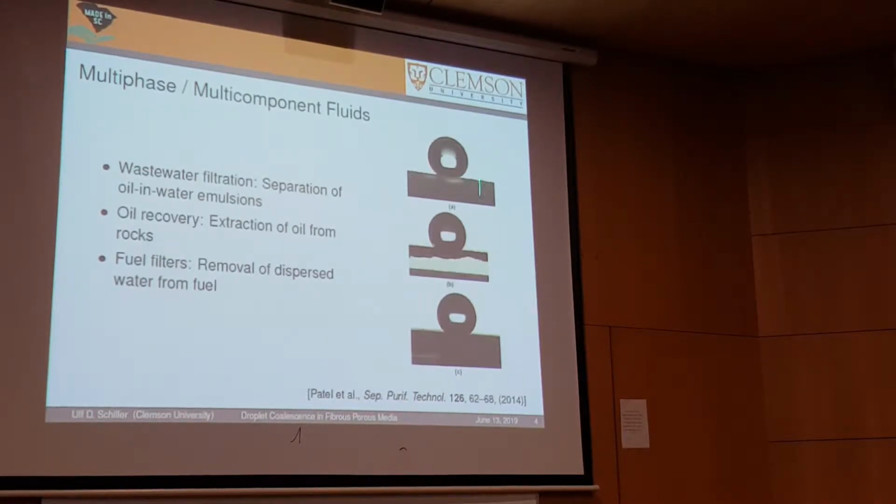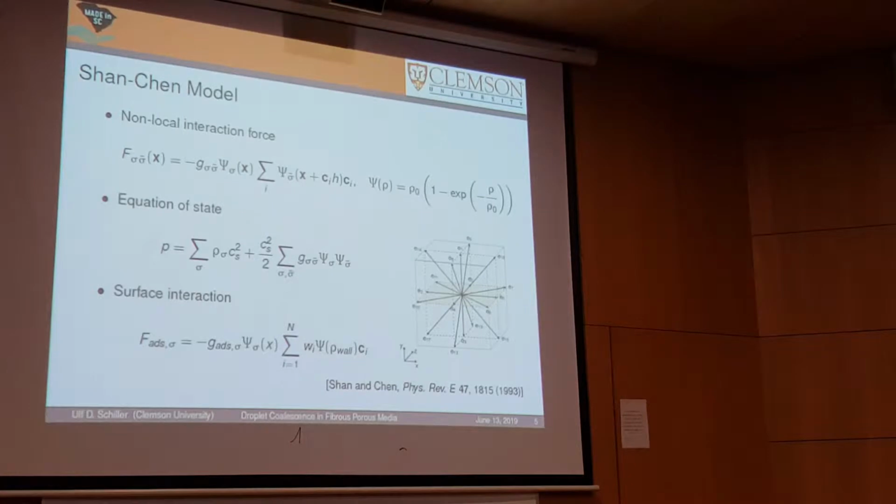Now, the problem is if you have this multiphase or multi-component fluid, you need to model it somehow. And the way we do this is using Lattice Boltzmann with the so-called Shan-Chen model. So we actually have microscopic interactions between two different fluids that live on a lattice, right? The Lattice Boltzmann method works such that you have particle distributions on each lattice site that can move in discrete directions.